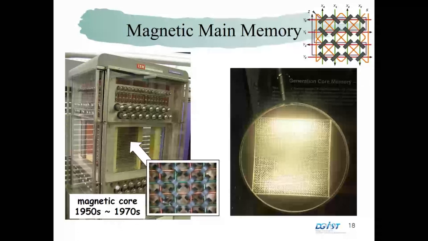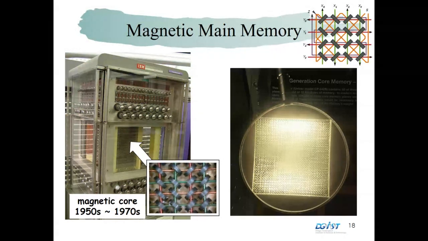Okay, so I just updated my slide. Can you see? Okay, here, this magnetic core memory is somewhat complex. As you see here, there is the perpendicular one and the horizontal one, and also there is something more.